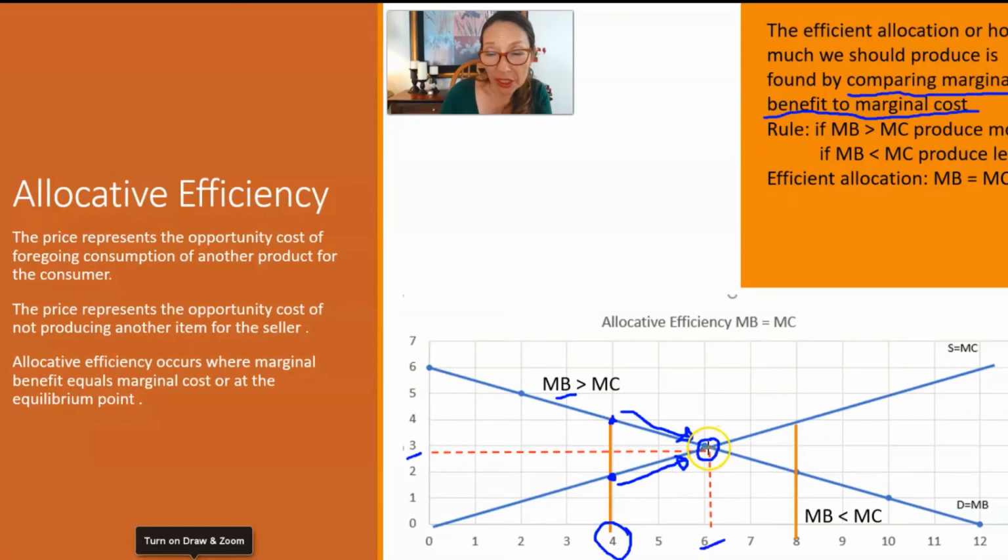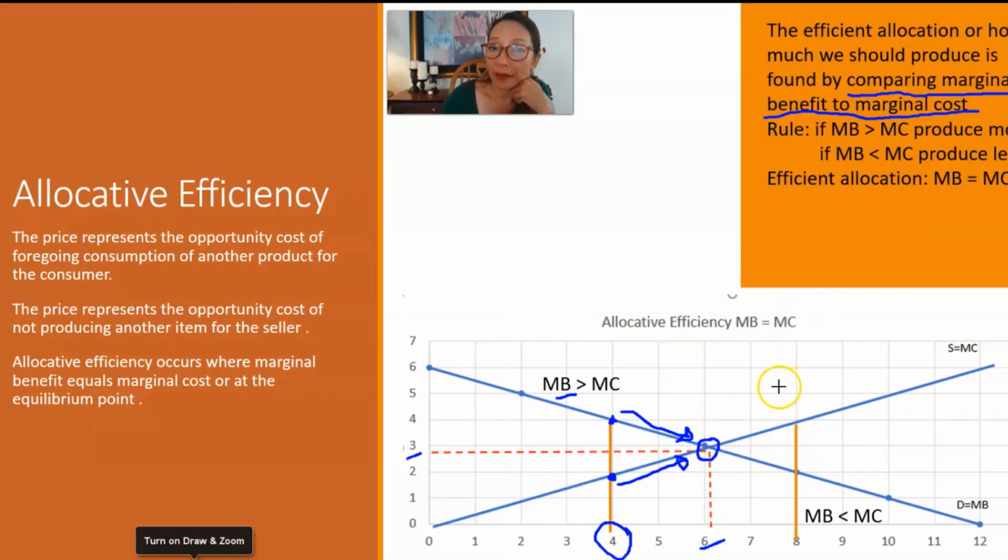And that's going to help us achieve allocative efficiency. So when we are on the left side of our equilibrium point, we need to be consuming more of this product, and the producers need to be producing more of this product.